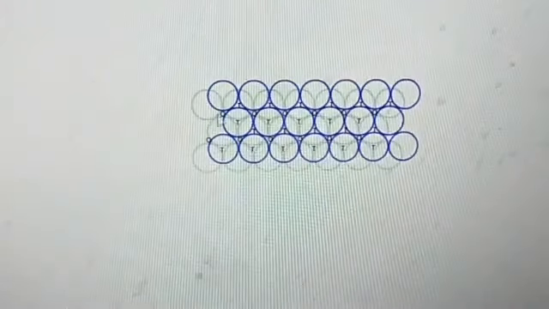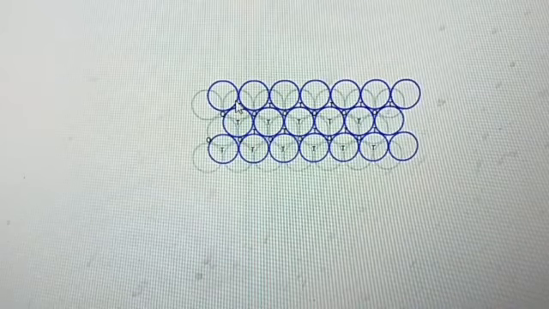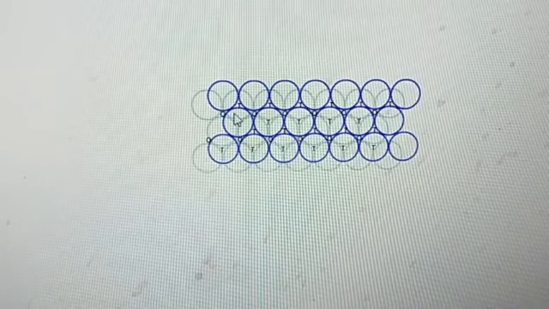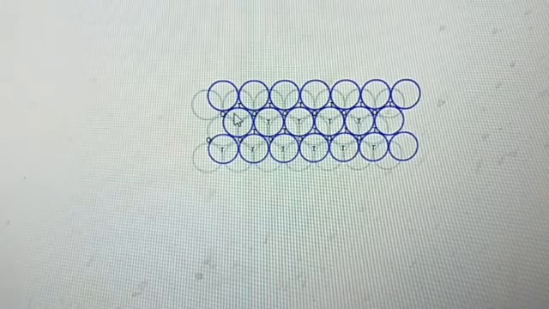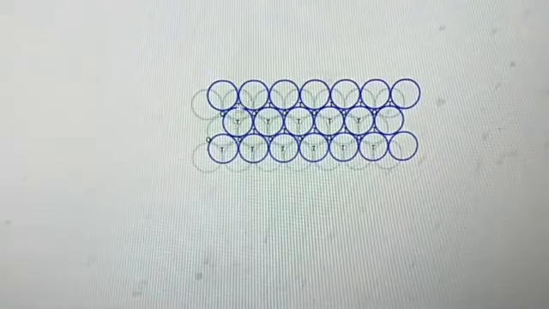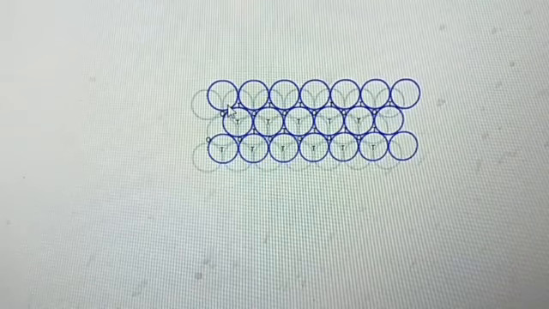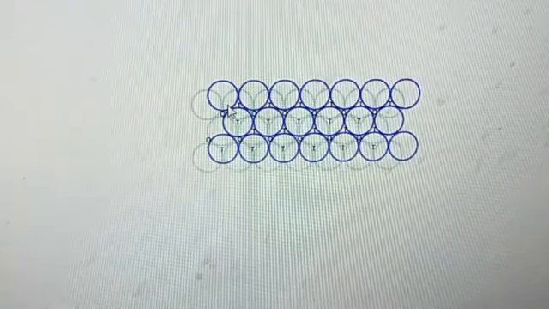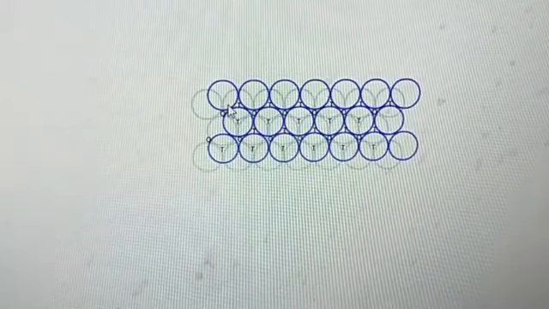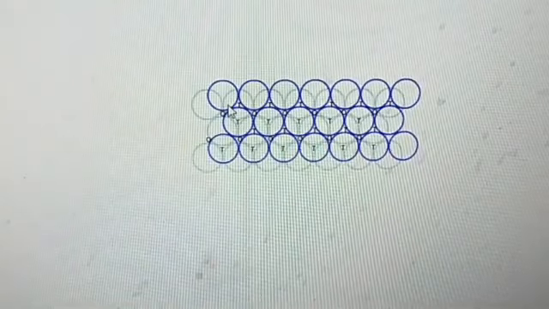From this figure we can observe that all the triangular voids which are present in the first layer are not covered by the spheres of the second layer. So we can get different arrangements. Why? If all the triangular depressions are occupied by the spheres, then we can't get different types of arrangement. But here, all those voids of the first layer are not covered by the spheres of the second layer, so they give different types of arrangements.